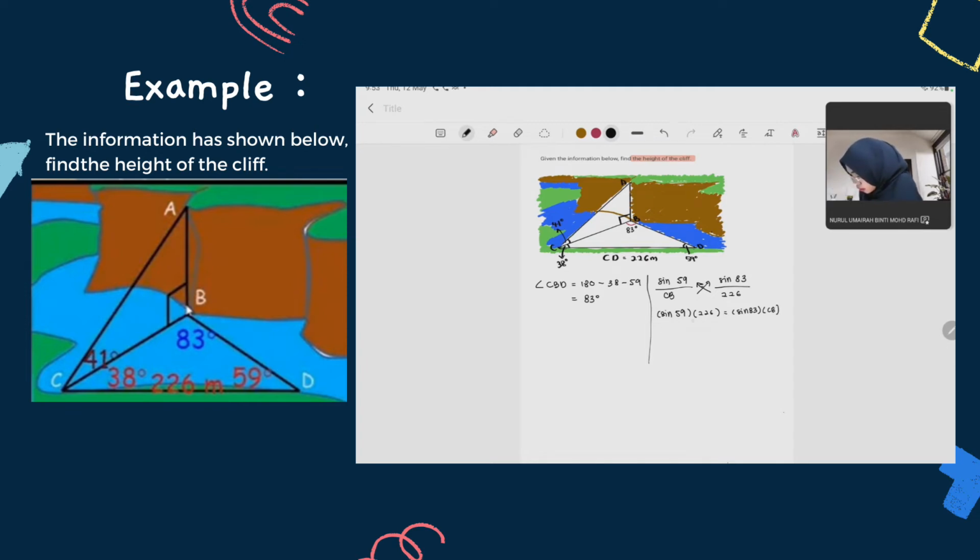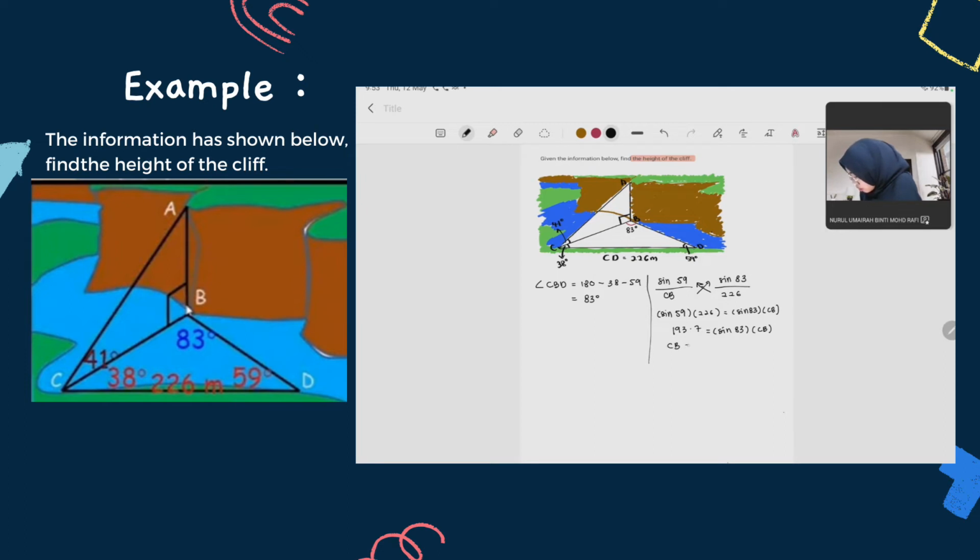Sine 59 times 226 gives us 193.7, equal to sine 83 times CB. So we need to find CB, right?